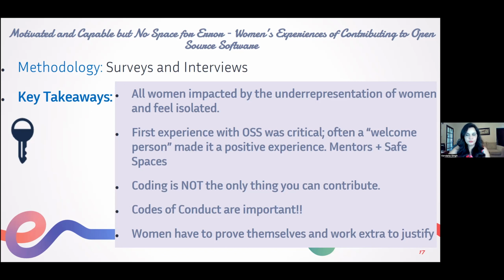They also, of course, talked about having to prove themselves and working extra to justify. So for example, one piece of interview was that a woman said that if a man is submitting a patch, he will say, here it goes, it works.